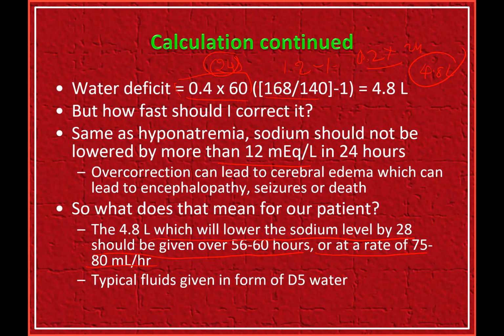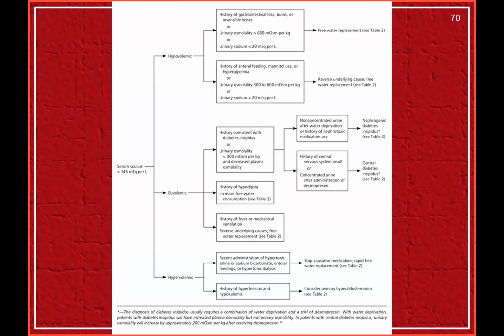That means you distribute this 4.8 liter fluid over around 48 hours or 56 hours, or 75 to 80 ml per hour. Typical fluid given is dextrose 5%, D5, because this is non-sodium containing and isotonic fluid.